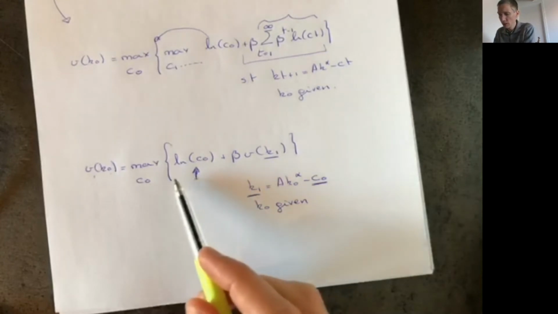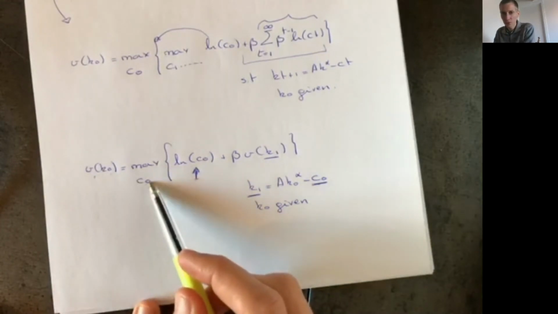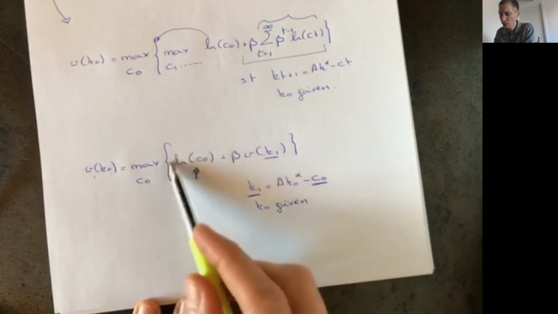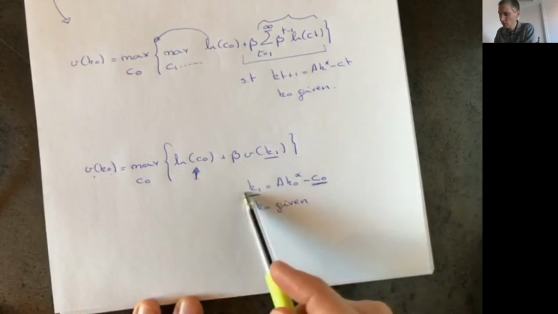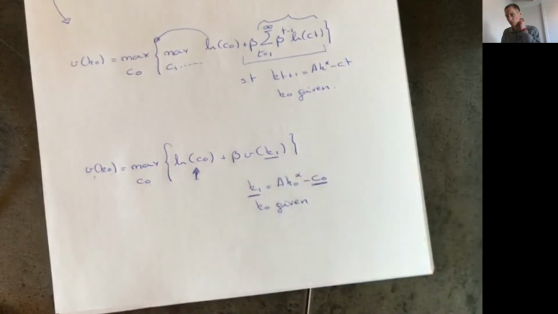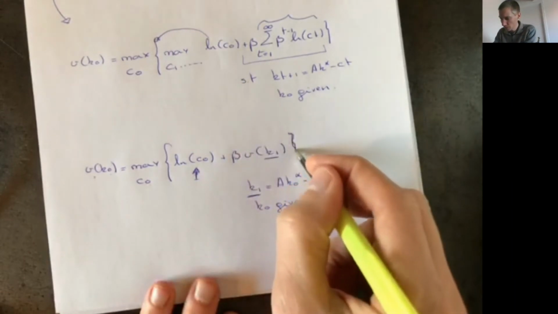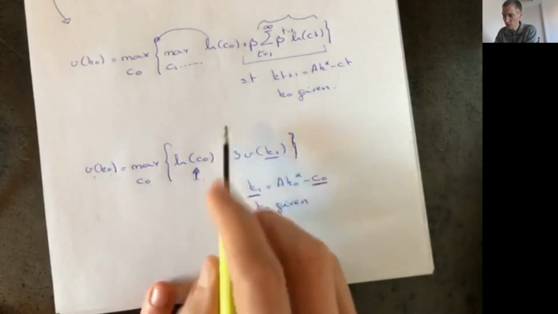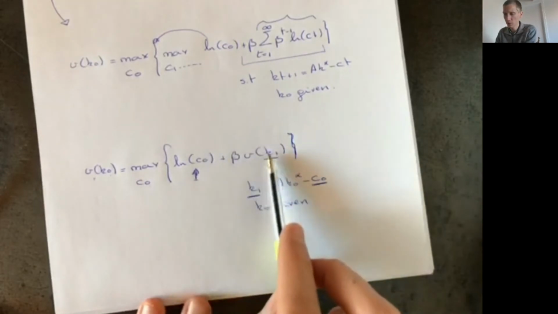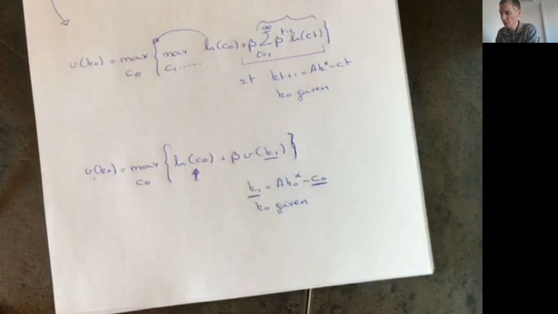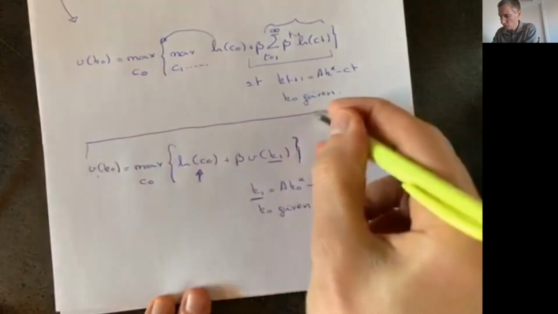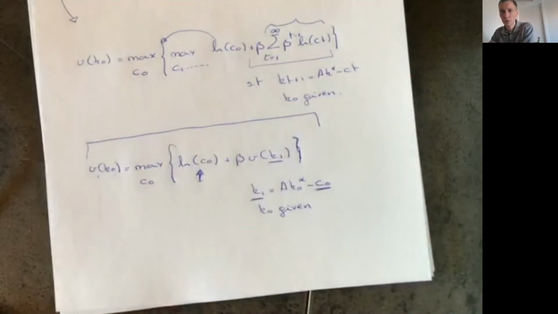So if I maximize with respect to C0, I'm going to have to take into account that C0 enters here, and then via the law of motion also enters here, right? So you cannot put this bracket here. You have to take into account that it's also part here. So this gives you the intuition behind this expression.